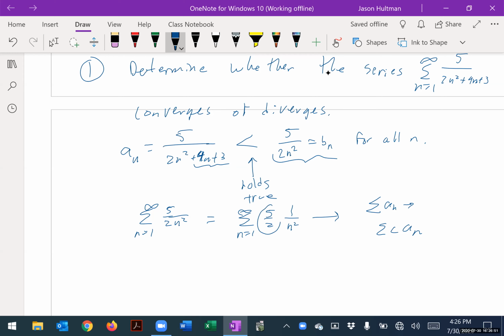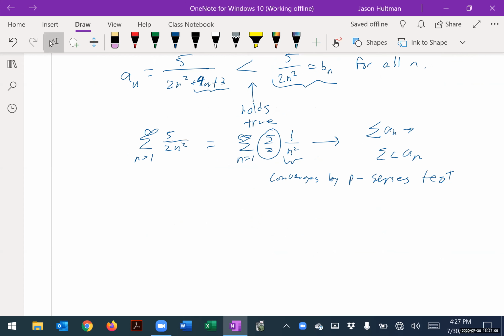Putting a constant in front doesn't change anything. So 1 over n squared converges by the p-series test. So this thing, which I'm calling b sub n, converges.